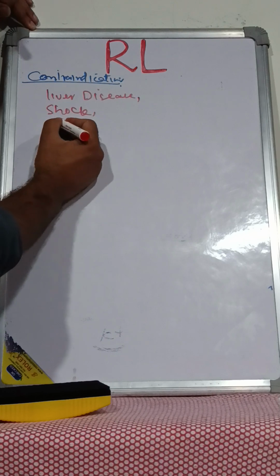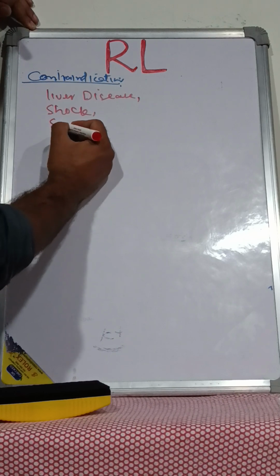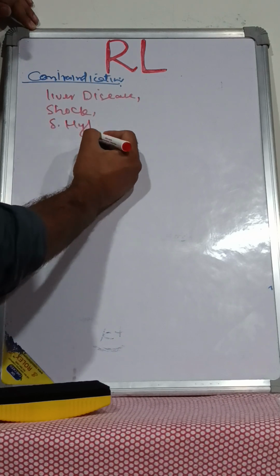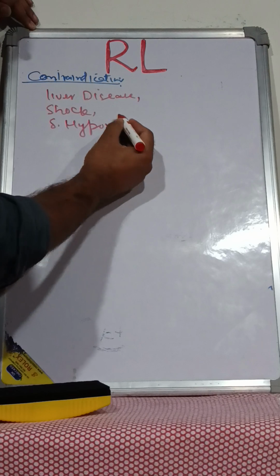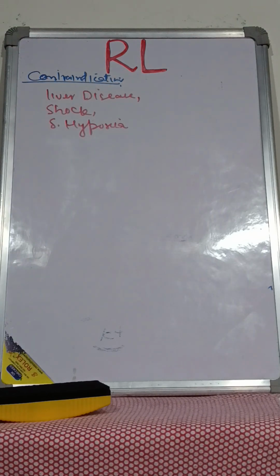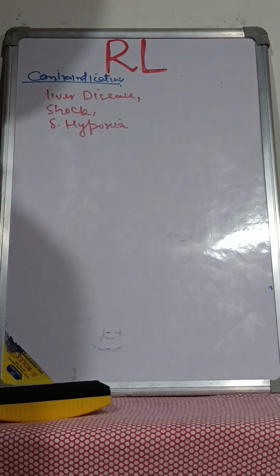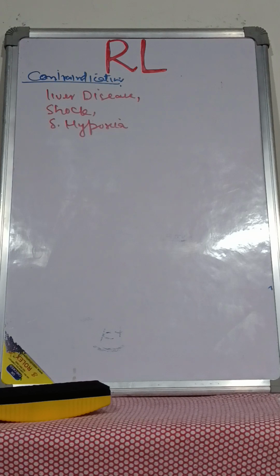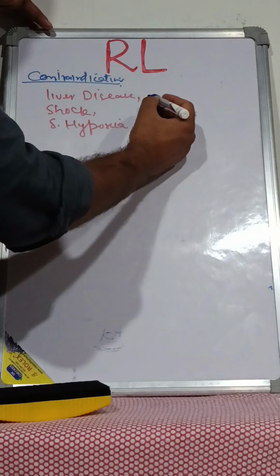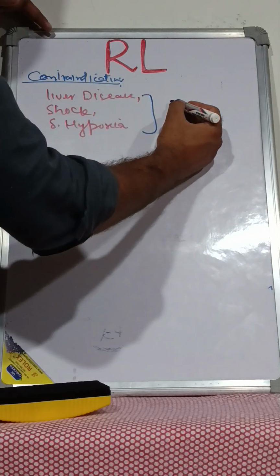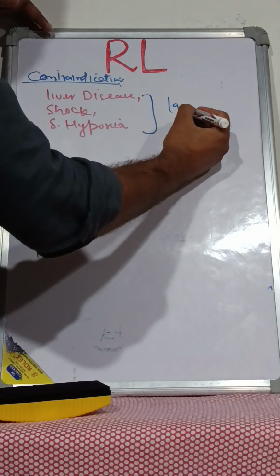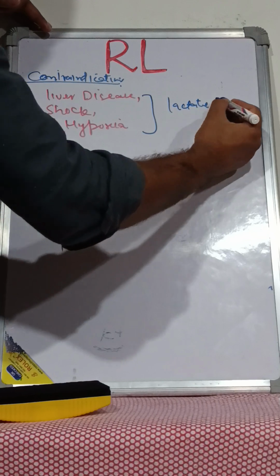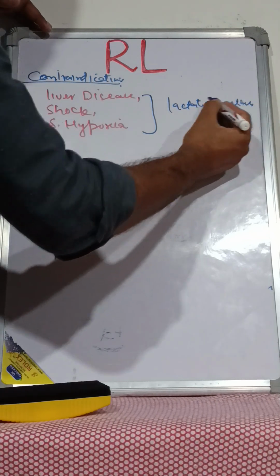You cannot use it in severe hypoxia, when there is severe deficiency of oxygen, when the patient is in shock, when there is some severe liver disease. What is bad with these conditions? Because in all these conditions, lactate metabolism is impaired.